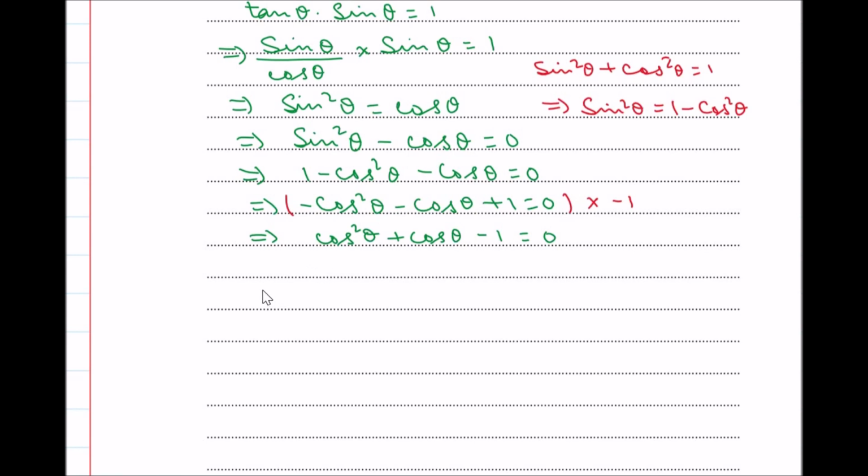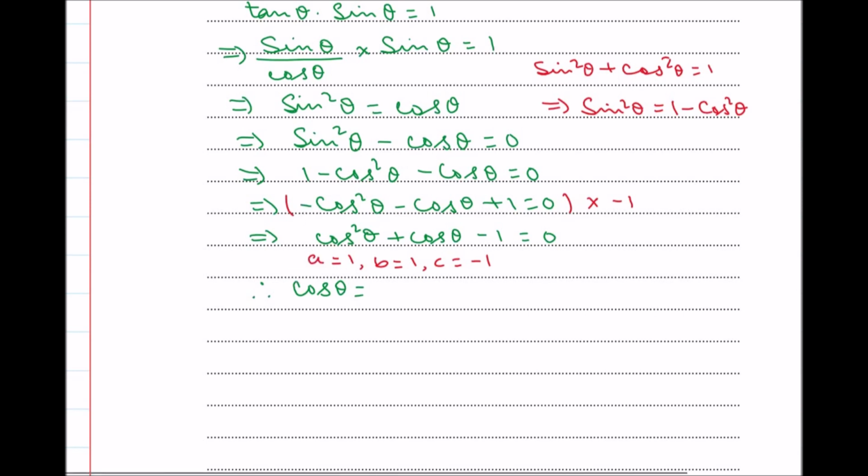so we need to use the quadratic formula. Okay, so let us solve by using the quadratic formula. Therefore cos theta is equal to, now here A is 1, B is also 1, C equal to minus 1.